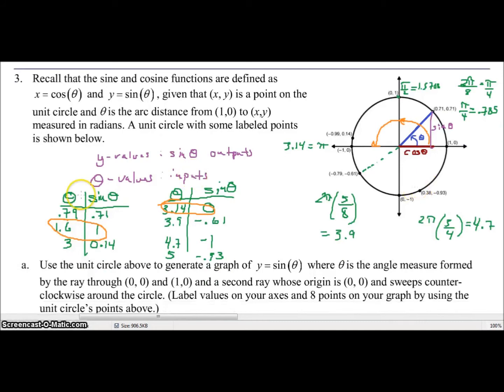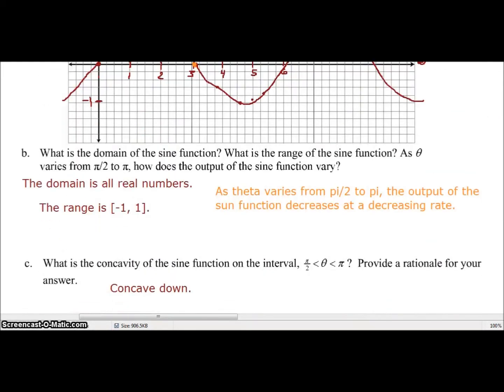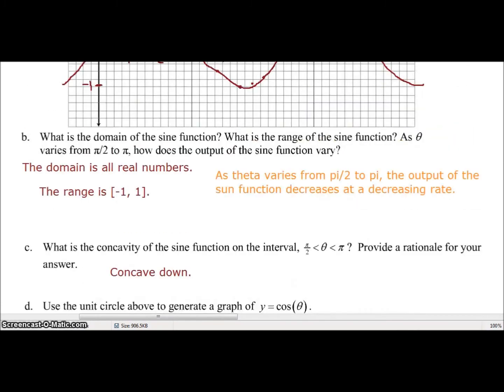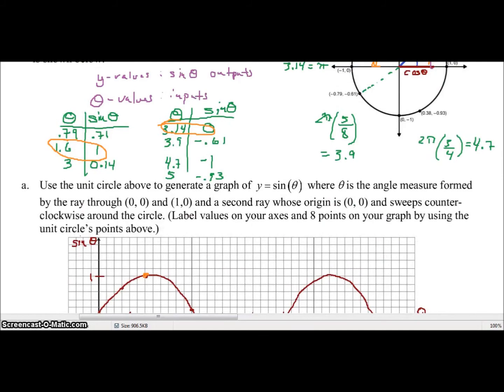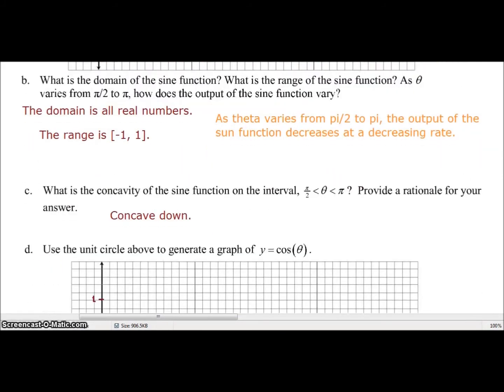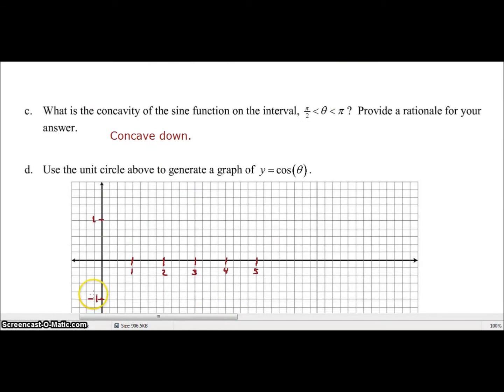So when the input is 0.79, the output is 0.71. So it's the same point that we started with as with the sine function. Somewhere around here.